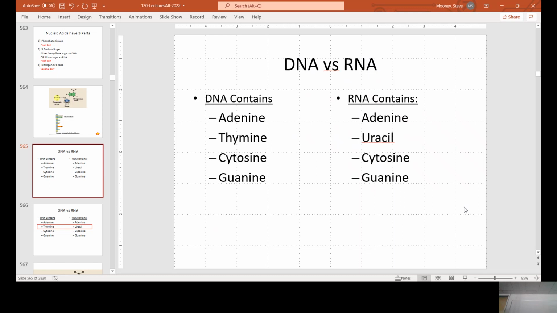So DNA, our nitrogenous bases or nucleotides. The differences in those nitrogenous bases are going to lead to adenine, thymine, cytosine, and guanine. Those are our 4 different nitrogenous bases, 4 different nucleic acids.